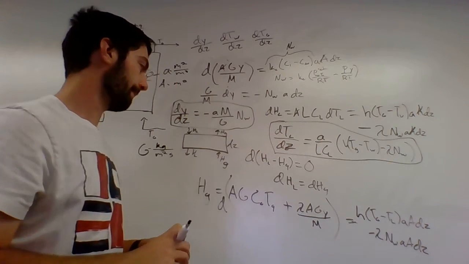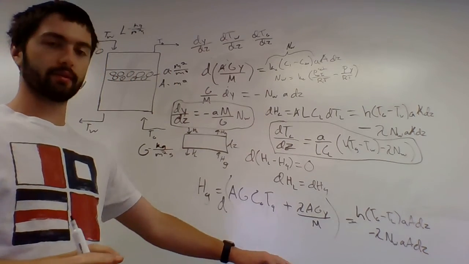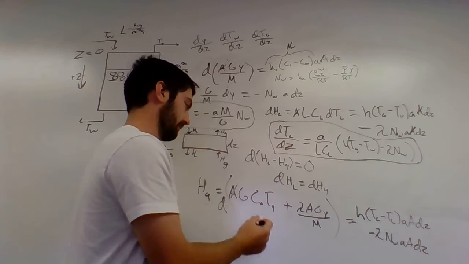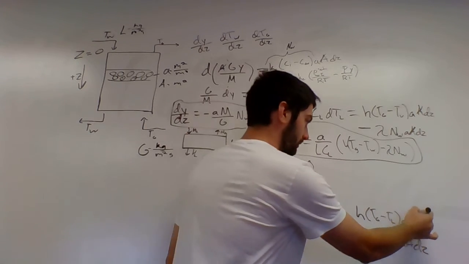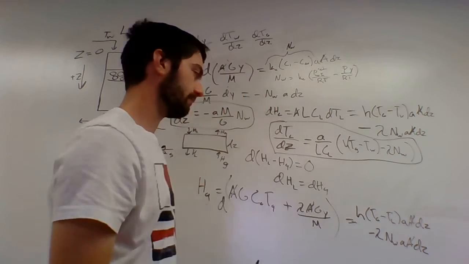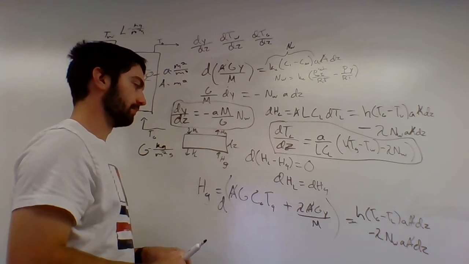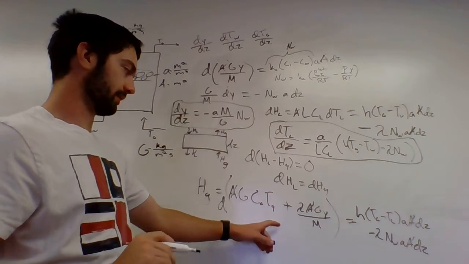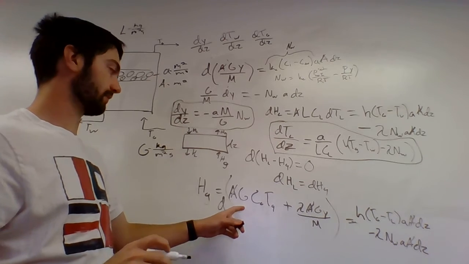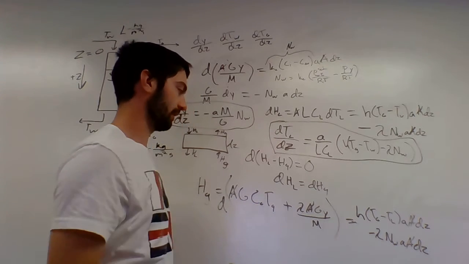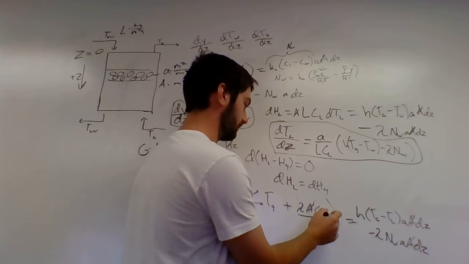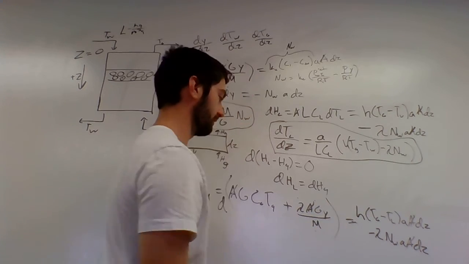Okay, so now if we start to take away like terms, we can again cancel out these areas and everything, and we can actually see that the constants are involved as well. These are constants. These are constants.